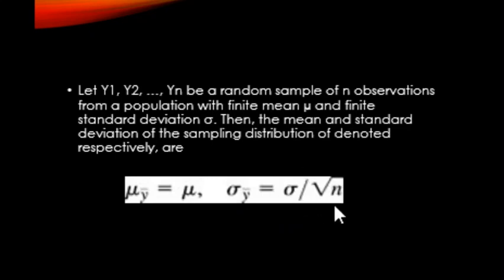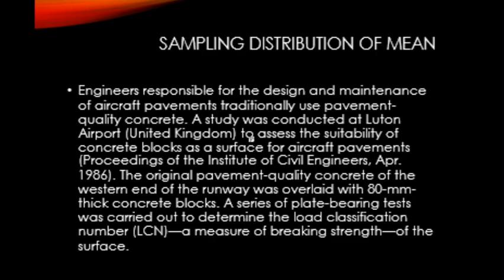So it depends on the sample size. So larger the sample size, smaller the standard error because it's in the denominator. Okay. Now this sampling distribution is a very useful distribution that we will use in a lot of inference techniques. It is an example to see how the central limit theorem can be used.